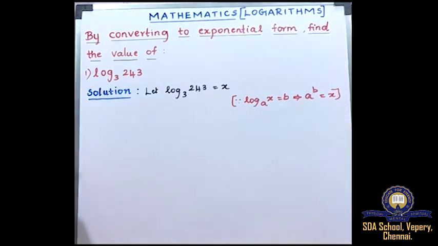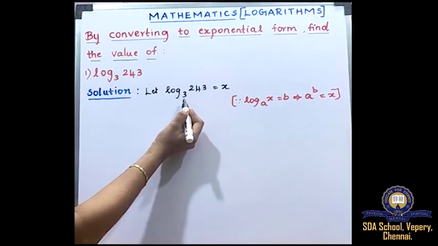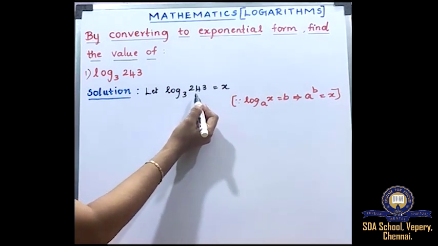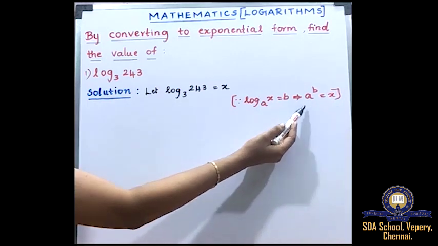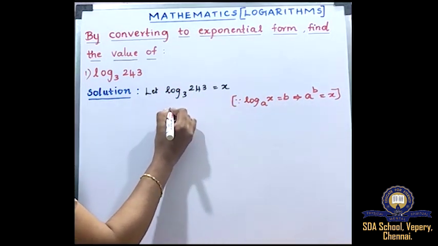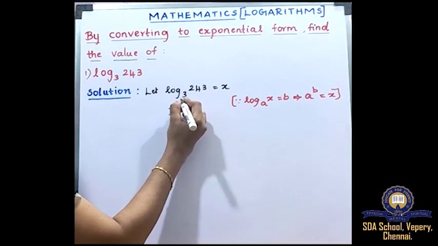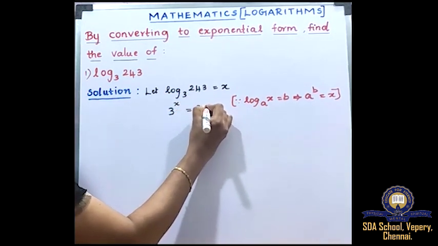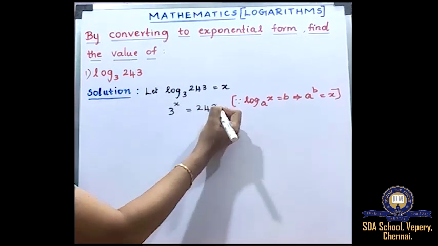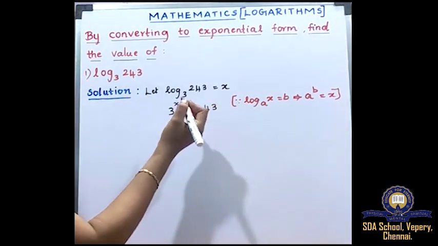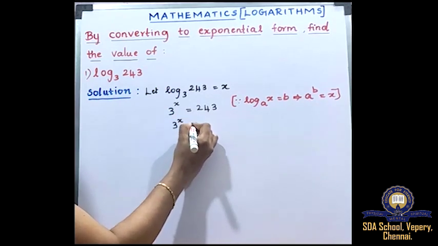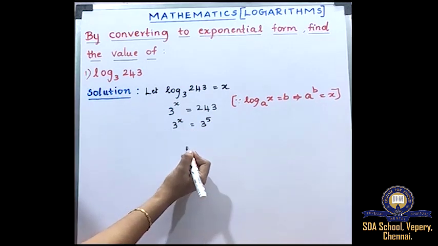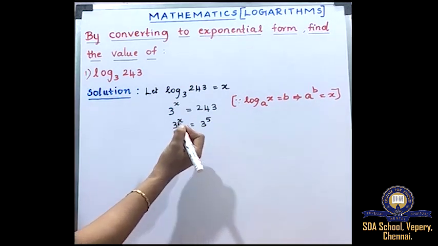Right? So now here a value is 3, b value is x, and x value is 243. So we are going to substitute those values in this exponential form. So you will get 3 power x equals 243. Okay. Now this 243 can be written as 3 power 5, since 3 into 3 into 3 into 3 into 3 is 243.